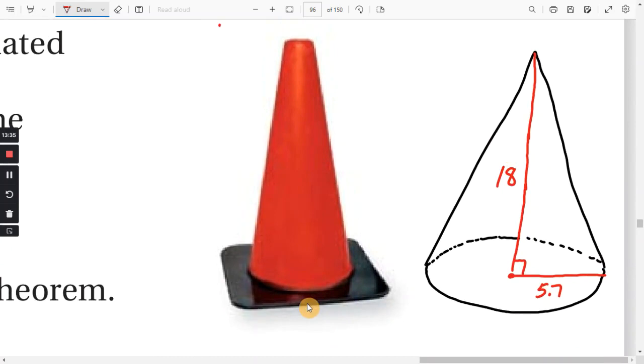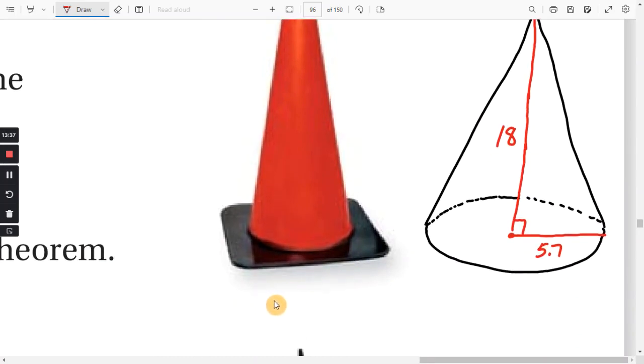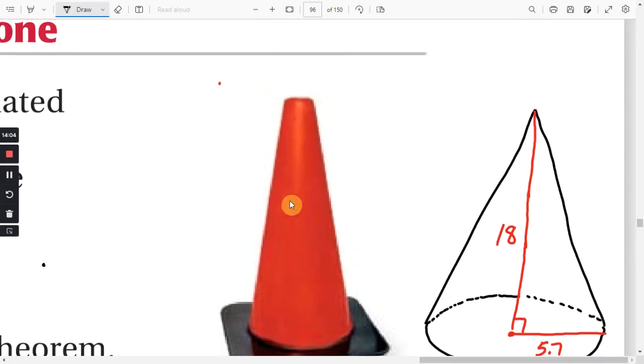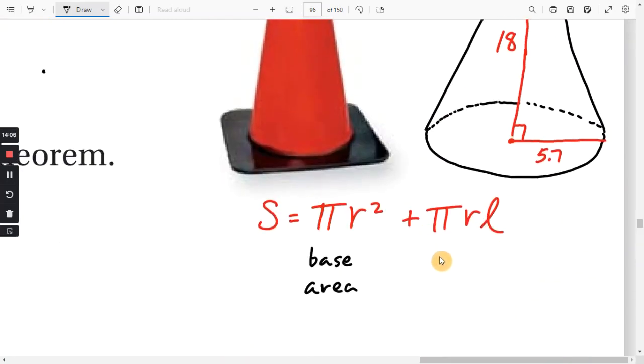Because if you look at the surface area for the cone, we said it's pi r squared plus pi r L. Now this part right here, pi r squared, that's the circle on the bottom. That's the base. Or we should say base area. The rest of it is the part that is wrapped around, the orange part. So that part is the lateral area.